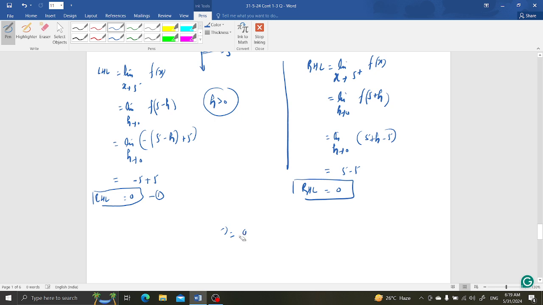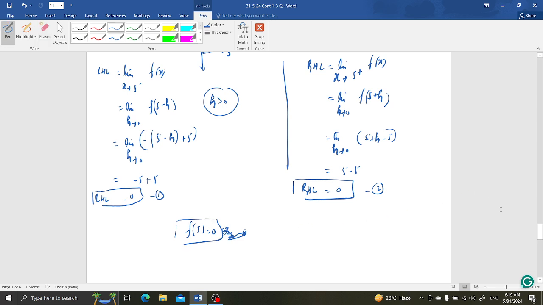We observe that our f of 5 is also 0. Hence, LHL equal to RHL equal to the function value at 5. All three are the same. Hence, the function is continuous. F of 5 is 0. Hence, the function is continuous at 5 also.